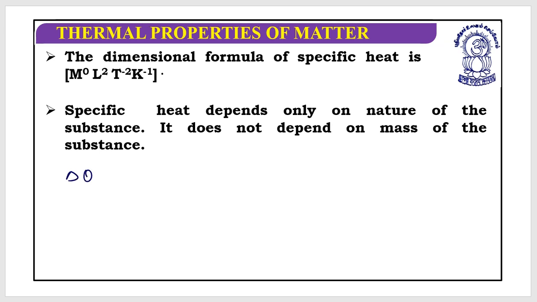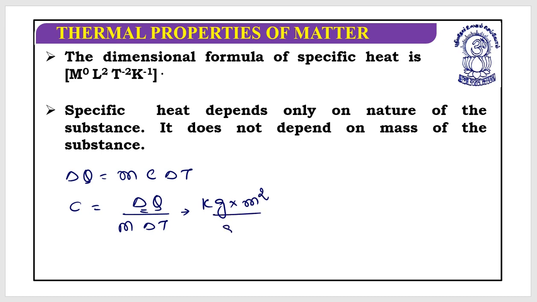Now let's work out the dimensional formula. Delta Q is equal to M into C into delta T. This C could be represented as delta Q by M into delta T. Now this delta Q is energy, which dimensionally is kg meter square per second square. This is the mass, which represents kg. This delta T is in Kelvin.